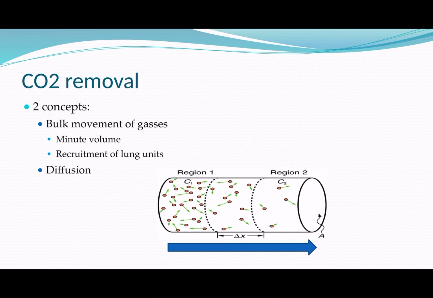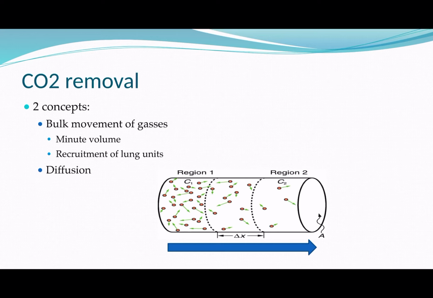Now, if you've got a continuous column of air, and at the ventilator side you've got no carbon dioxide, you can imagine that you'll get some passive diffusion of carbon dioxide from the level of the alveoli through and into the ventilator.